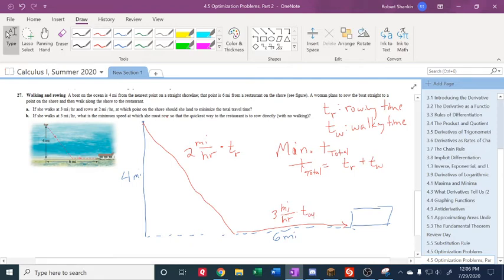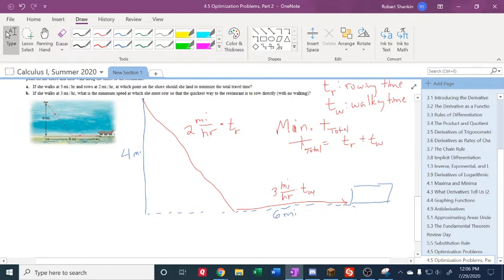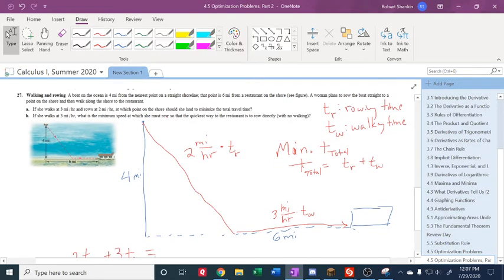And then if we get rid of the units, 2 times the time rowing plus 3 times the time walking has to equal the total amount of distance, because that's a distance and that's a distance, and they have to add up to, okay.